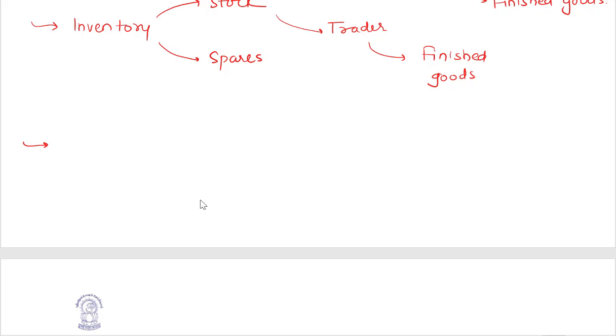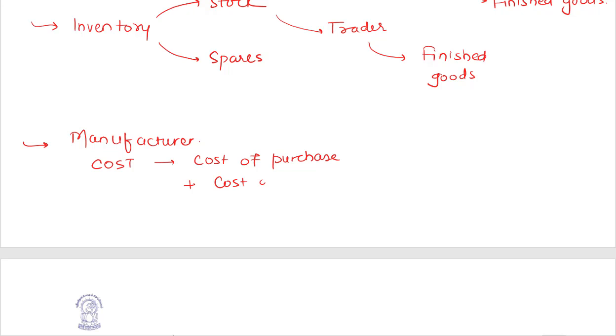So, if you think of a manufacturer, how will a manufacturer calculate the cost of inventory? Cost equals cost of purchase plus cost of conversion.